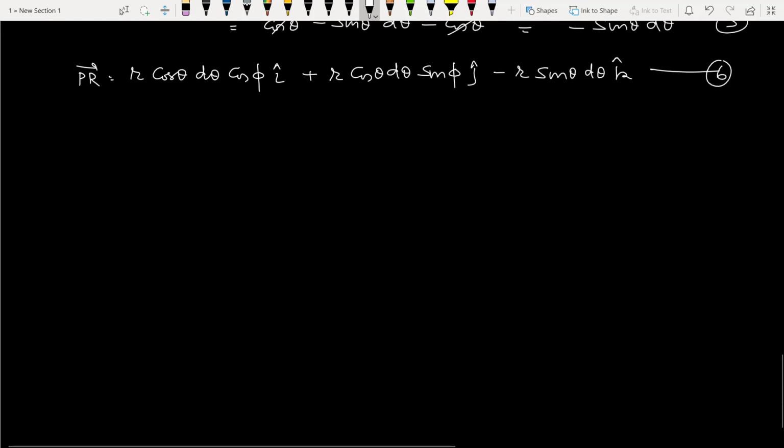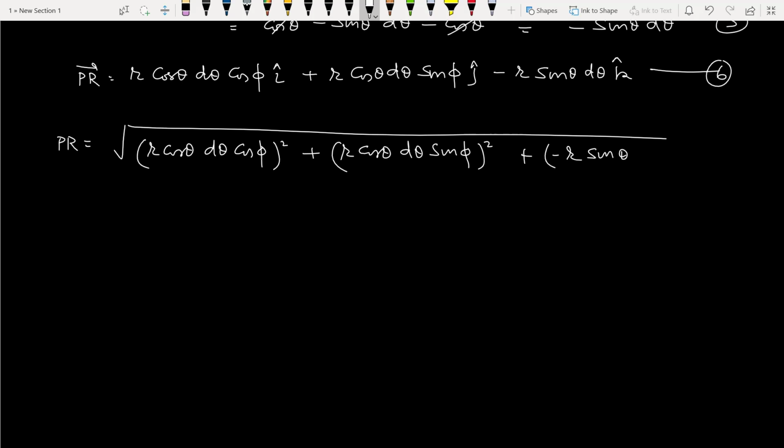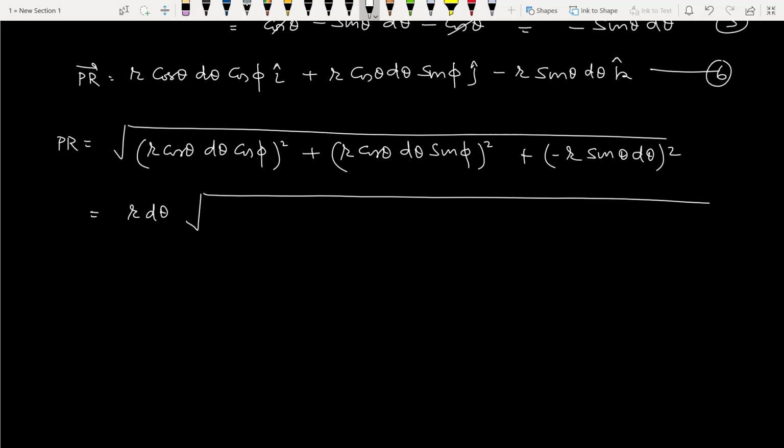And the magnitude of this vector can be found: r cos theta d theta cos phi squared, plus r cos theta d theta sin phi squared, plus minus r sin theta d theta squared. So r d theta is common in all the terms, squared as well, taken as a single power outside.